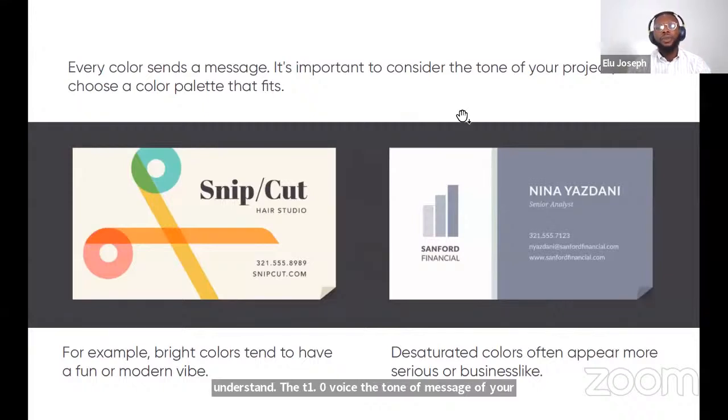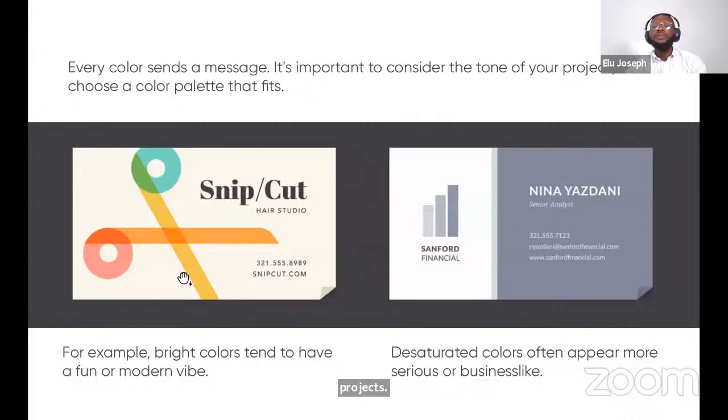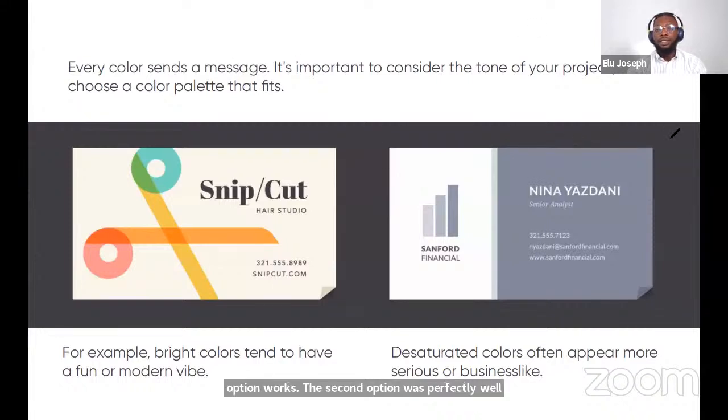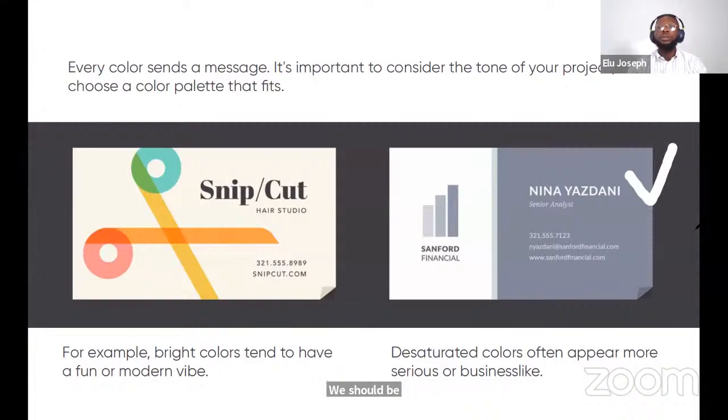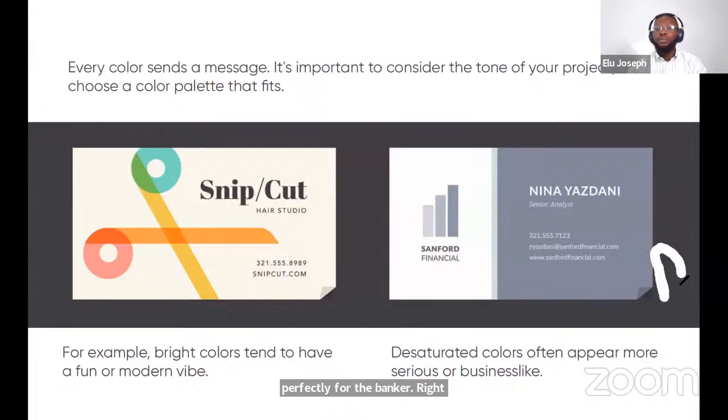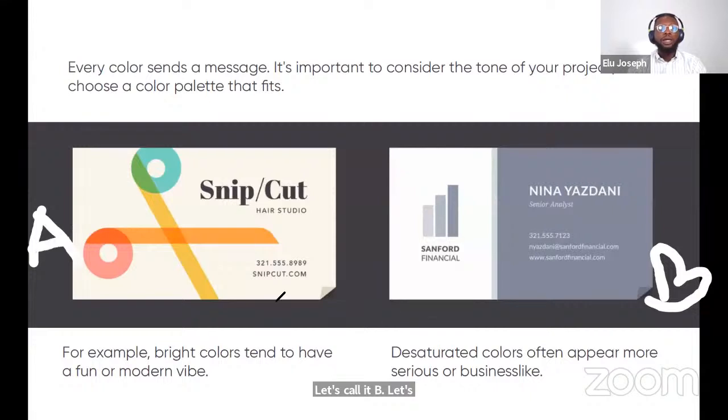If it's a business card for, let's say, a banker, the second option works perfectly well, which is the option on the right. This one works perfectly well for the banker, right? Let's call it B. Let's call this A, right?